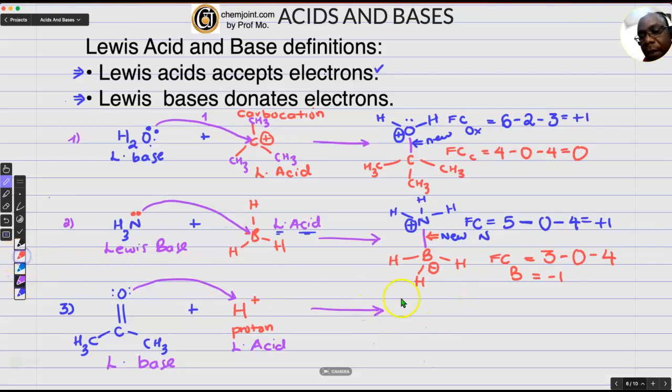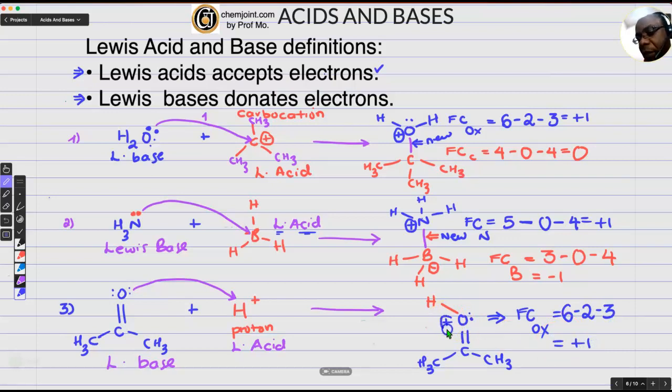What do we end up with? You end up with a hydrogen sitting on the oxygen that spent its 1 lone pair. You still have a double bond, and then you still have the rest of the structure. As always, we want to do the formal charges. Let's do that of oxygen. The formal charge of oxygen in this case will be 6 minus 2 non-bonding electrons minus 3, so it will be +1.